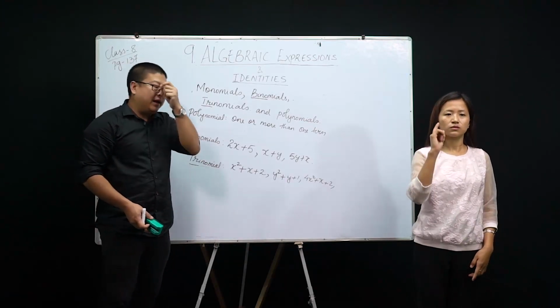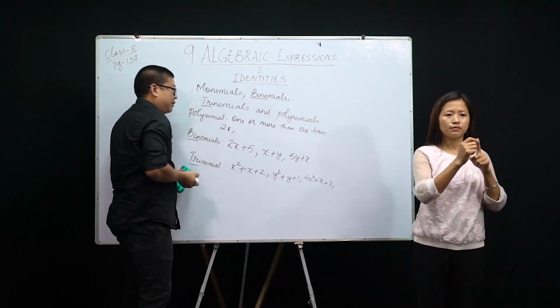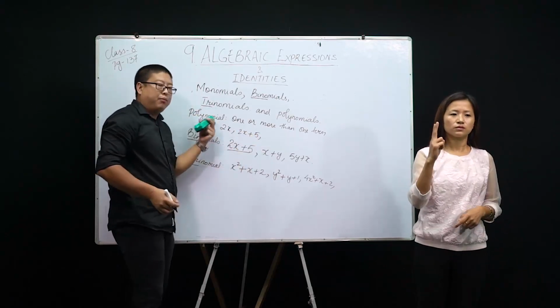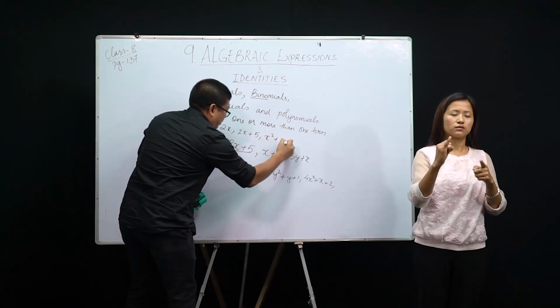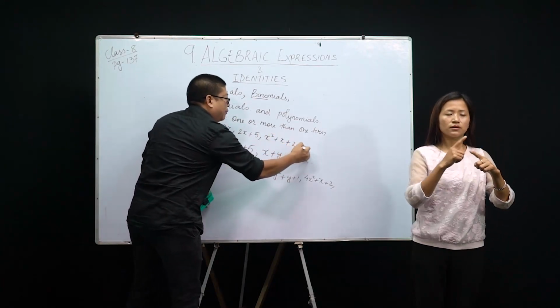So for example, a polynomial can be 2x. This 2x plus 5 can be a polynomial. The same for trinomial, x squared plus x plus 2. This can also be a polynomial.